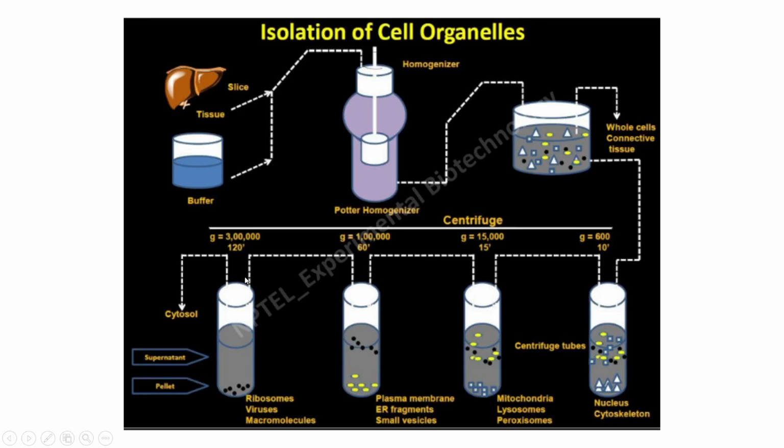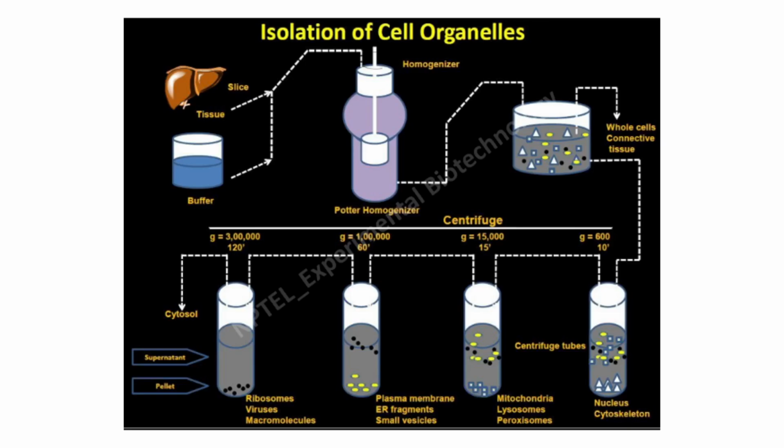Then you take that supernatant and spin it at an even higher speed, that is 3 lakh G, for 2 hours. You will see the lightest material, the ribosomes and macromolecules, settle down, and then the supernatant that you get will be the cytosol.